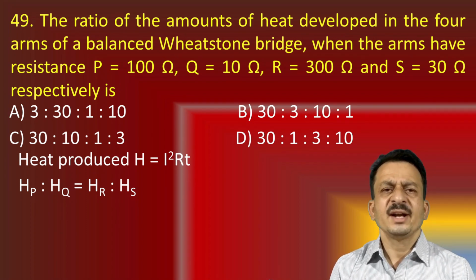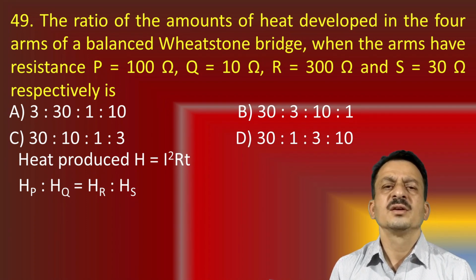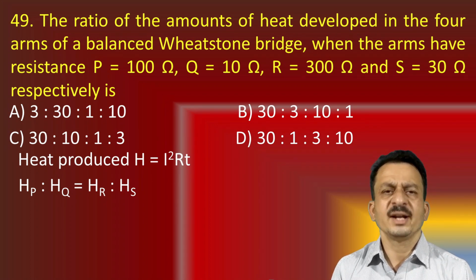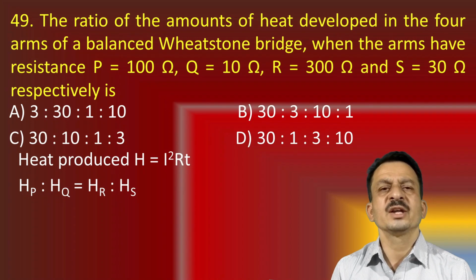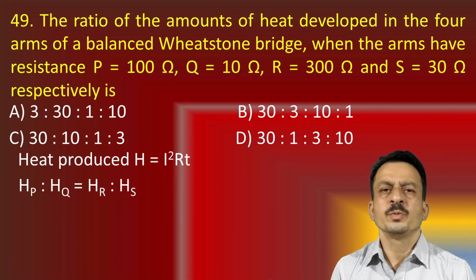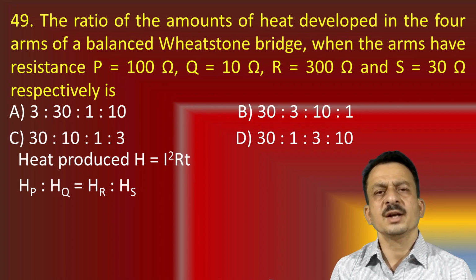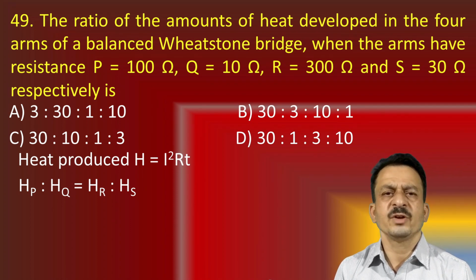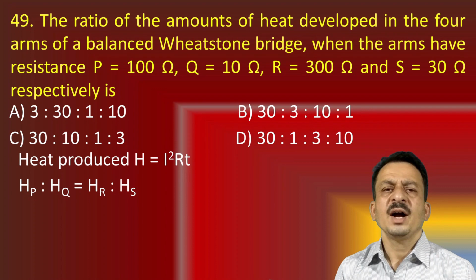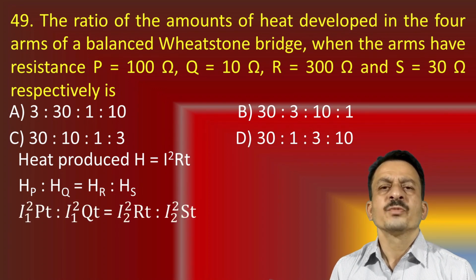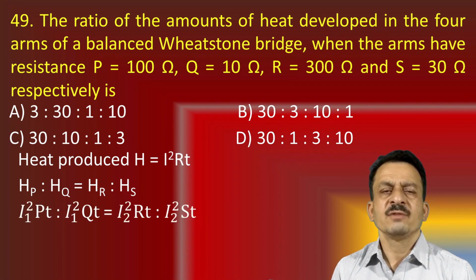As the main current enters the junction, since the bridge is balanced, there is no current flowing through the galvanometer, and hence the current through the P and Q arm should be the same. Let me take it as I1, and the current flowing through the R and S arm is the same, let me take it as I2. So if I write that, I1 square P t is to I1 square Q t.